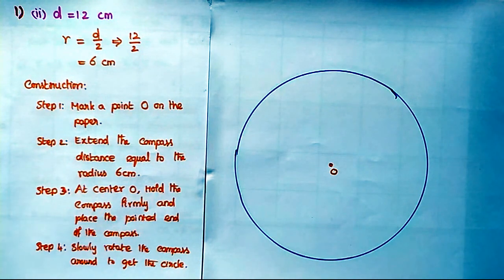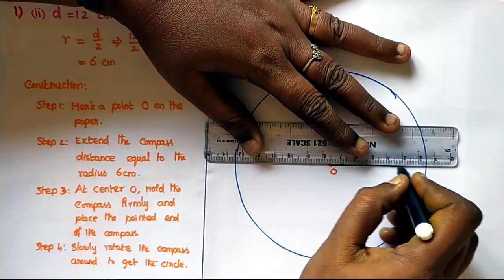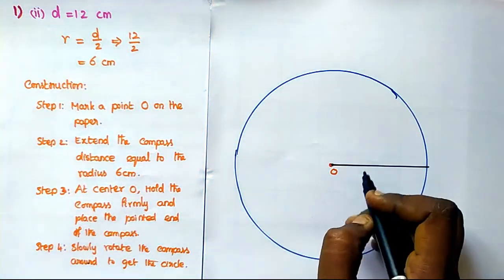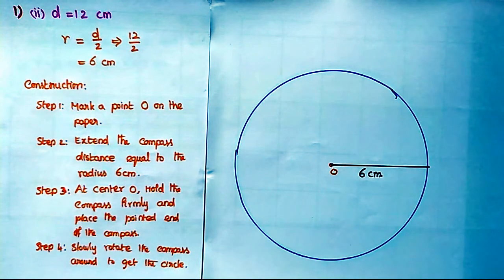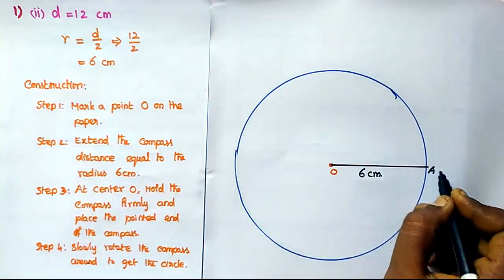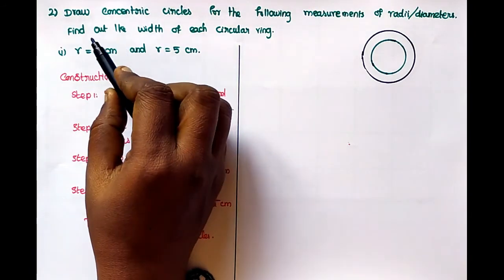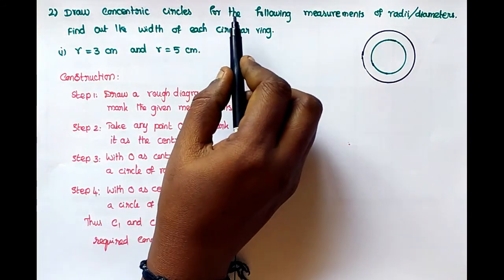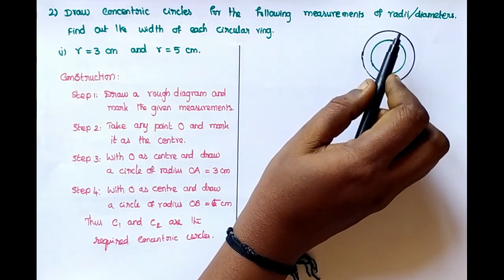So that is the required circle, and the radius is 6 centimeter, OA here. That is the answer.